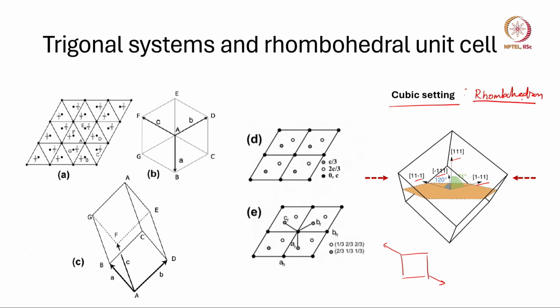From a cubic setting I can just pull one body diagonal and I kill 3 of the 3-fold axes of symmetry and I retain one. Okay, so that is one way of coming to a 3-fold axis of symmetry.